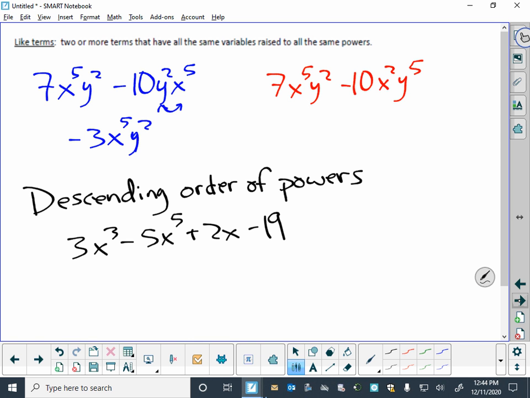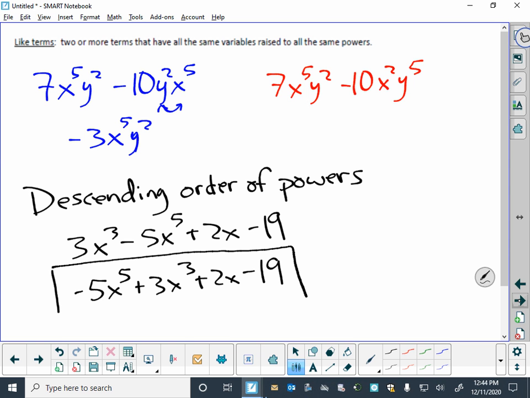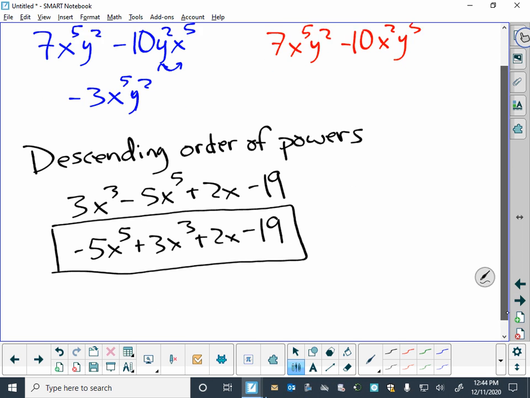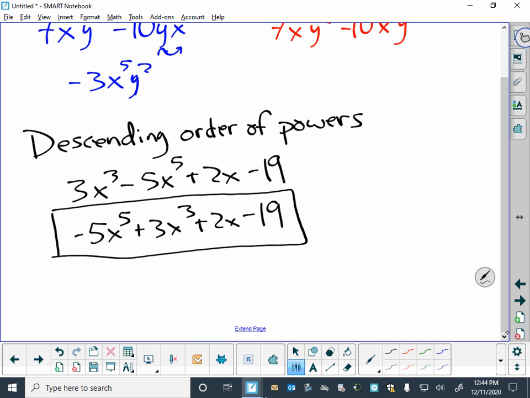So my biggest degree is negative 5x to the 5th, my next biggest degree is the 3x cubed, and then the 2x, and then the minus 19. These are the same because adding can be done in any order and it doesn't change the outcome, but we like these so that we can quickly see what the degree is because it's the first thing in there.